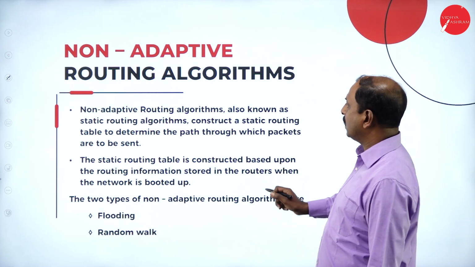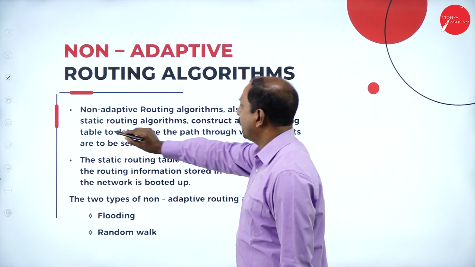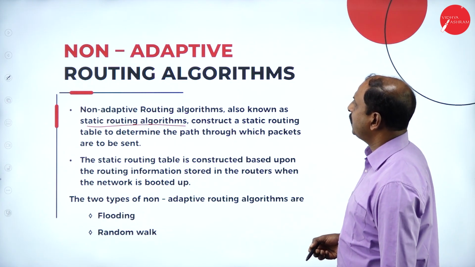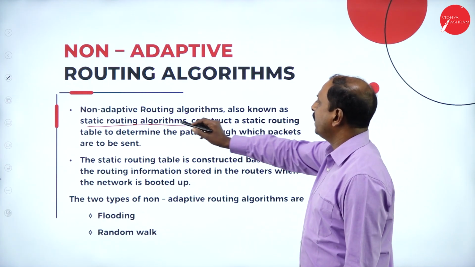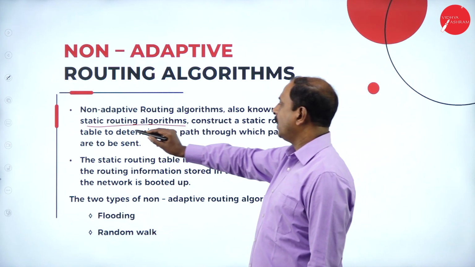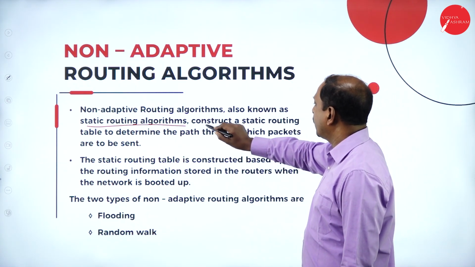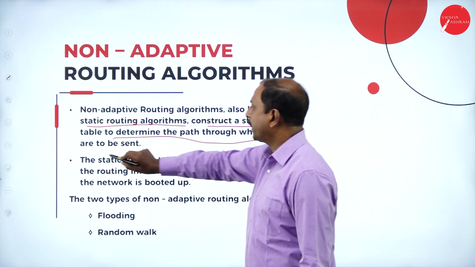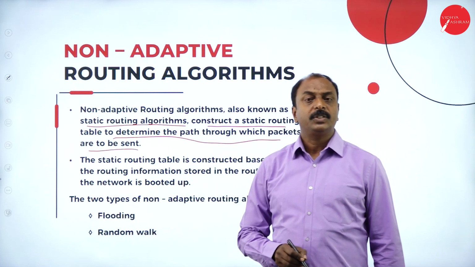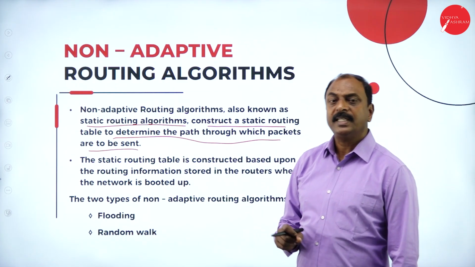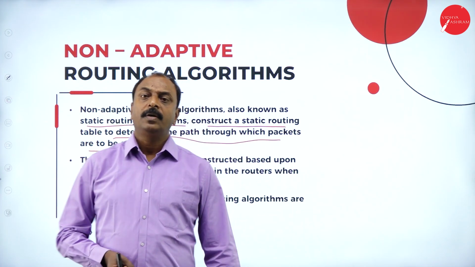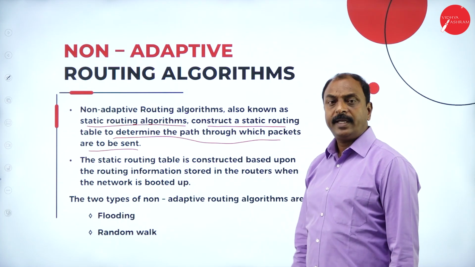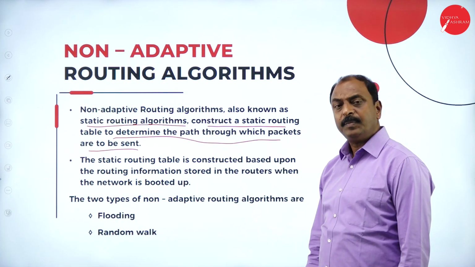In the next slide, we will see what non-adaptive routing algorithms are. Non-adaptive routing algorithm is also known as static routing algorithm. As we have seen in the previous slide, adaptive is a dynamic routing algorithm, but this is a static routing algorithm. It constructs a static routing table to determine the path through which the packets are to be sent. Once it has been configured at the beginning, it has its own routing table permanently, and there is no question of a dynamic concept here.